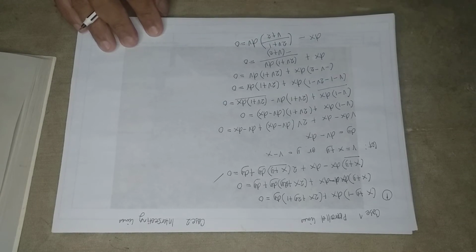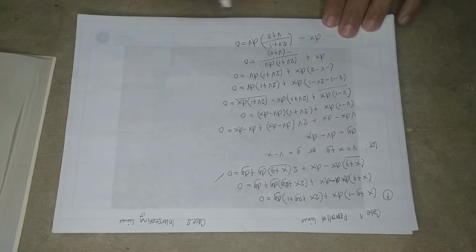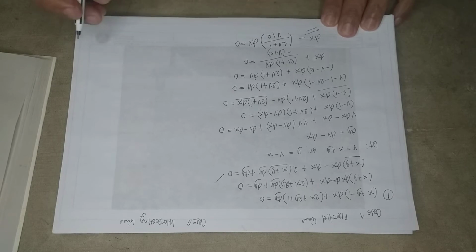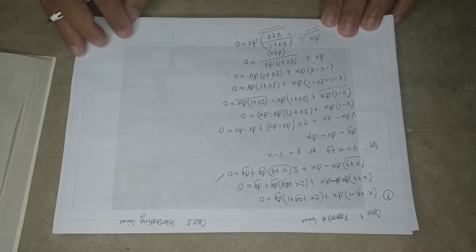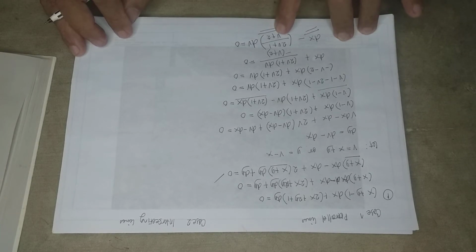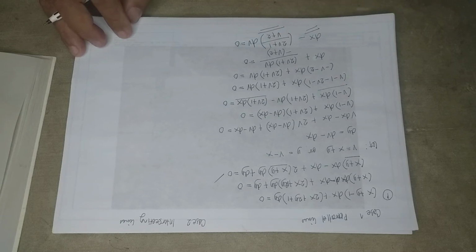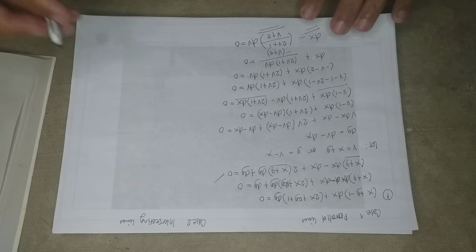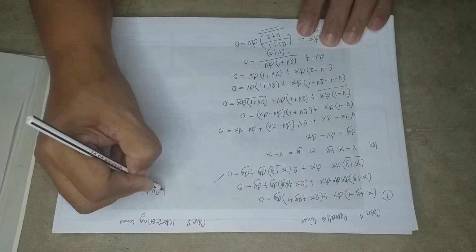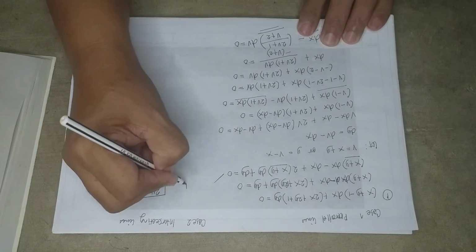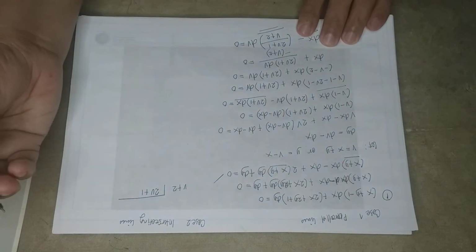Okay. So how are we going to integrate? On the first term, we don't have any problem integrating this. But on the second term, we don't have any formula that will fit this equation. But we can divide the two expressions.